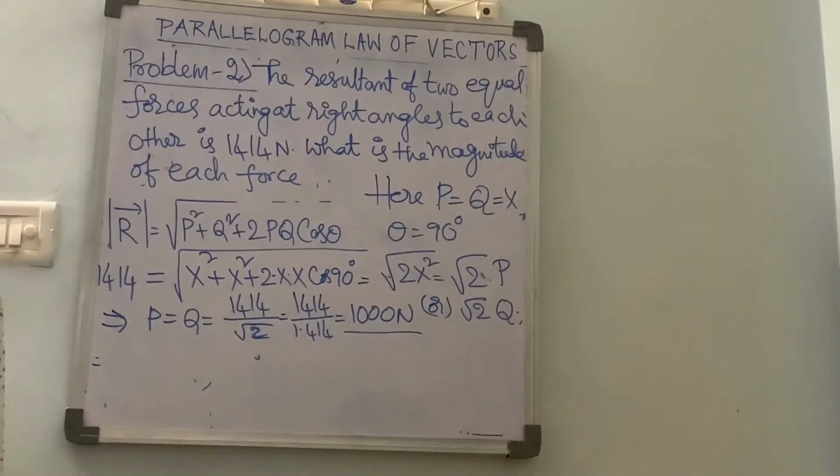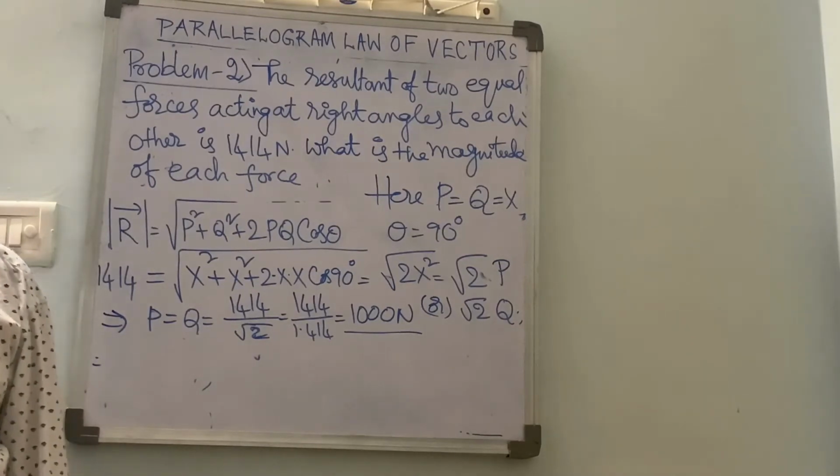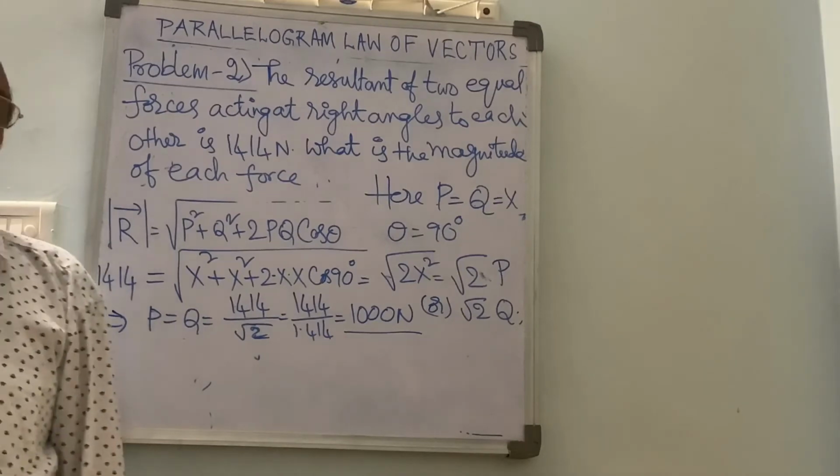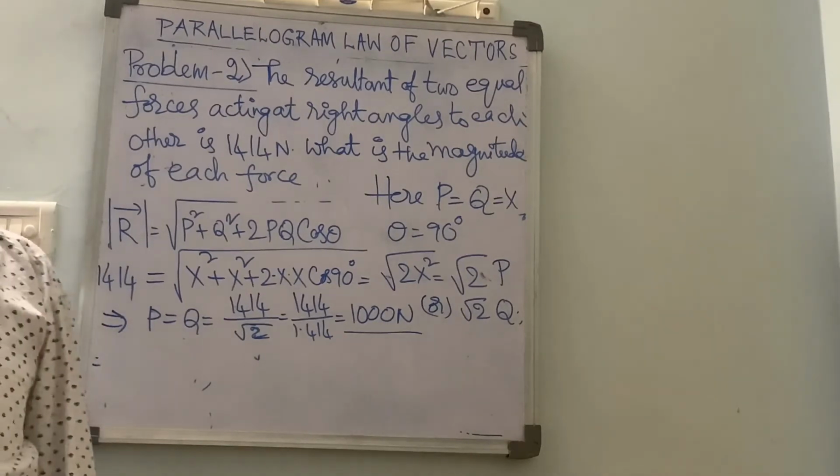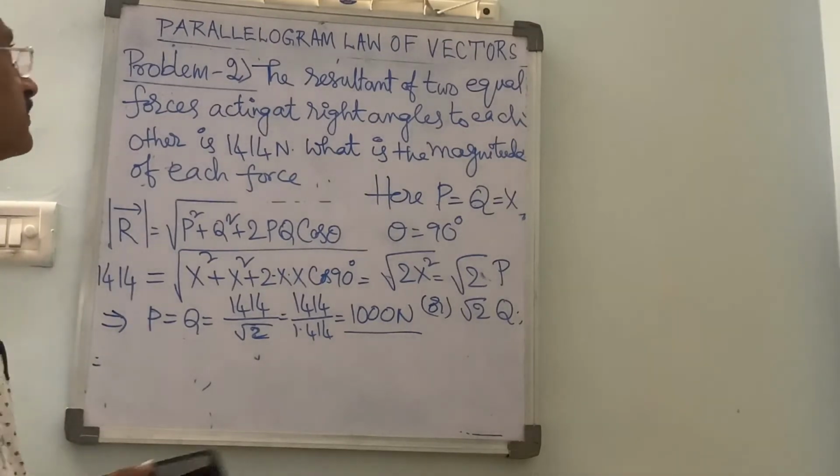Now let us go to know about the polygon law of vectors. When there are a number of vectors to add, then to find the resultant we use the polygon law of vectors.